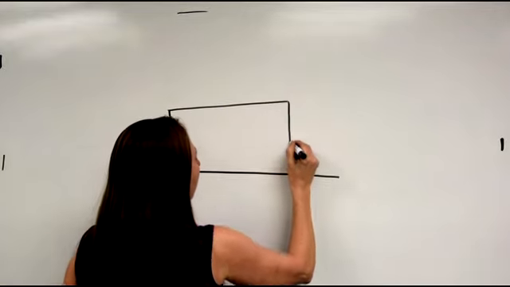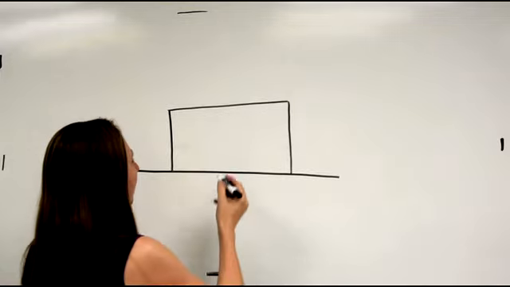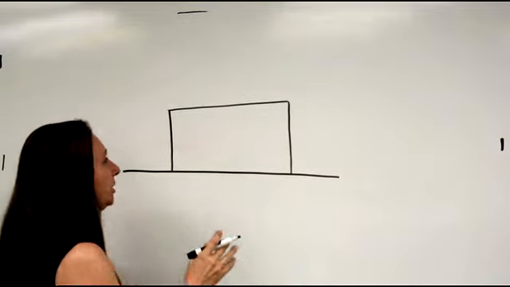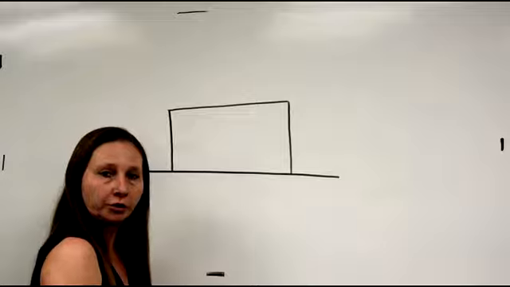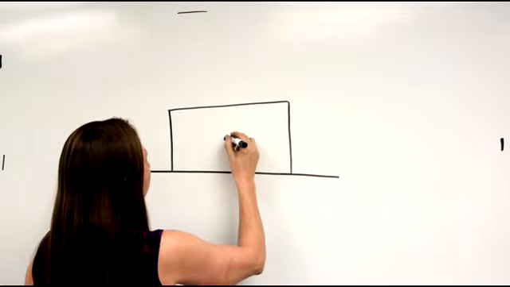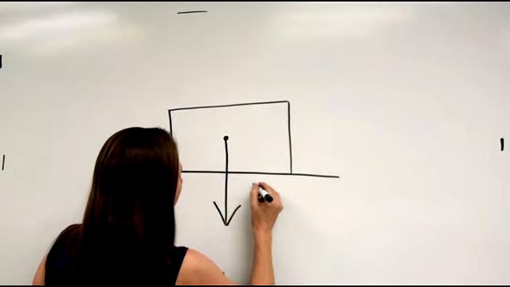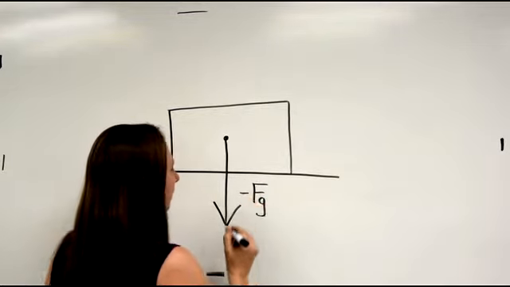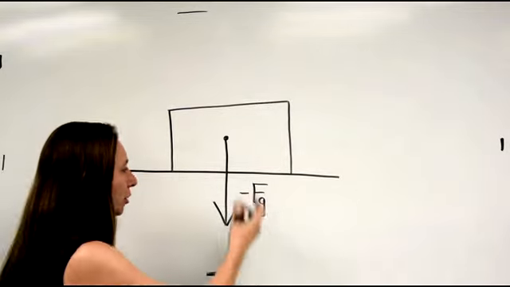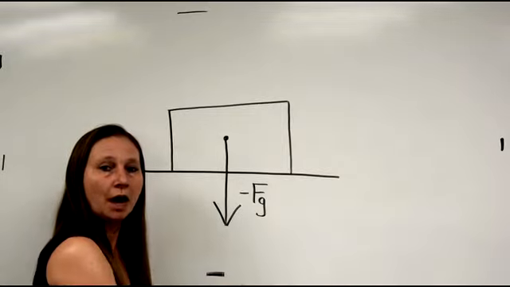Now, the gravitational force, in this case, we're going to talk about the gravitational force of the Earth pulling the object down. So, Fg. We'll call it negative Fg because it's a negative force. The Earth is pulling the object down.